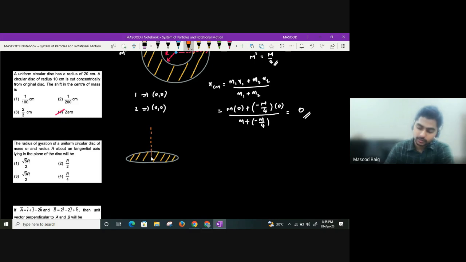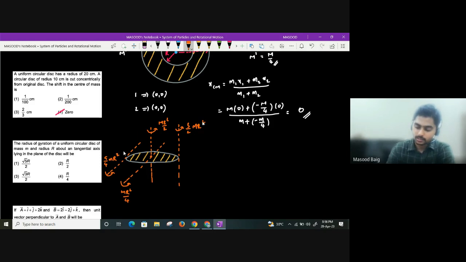Moment of inertia for a disk about an axis passing through the center and perpendicular to the plane is mr square by 2. About a tangent perpendicular to the plane, 3 by 2 mr square. These all things you should remember, guys. About any diameter you may take, it is mr square divided by 4. And about a tangent in its plane, beta, you will get it as 5 by 4 mr square.